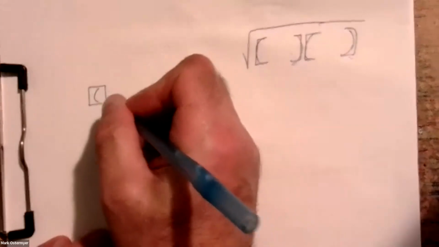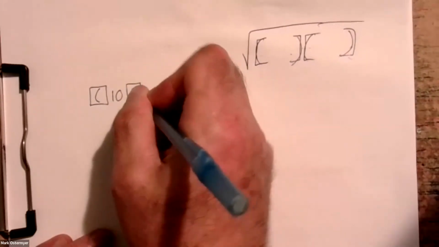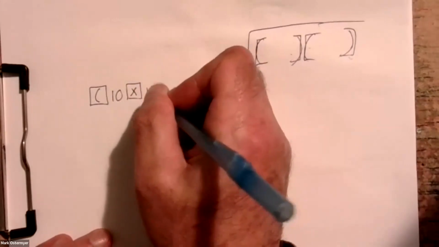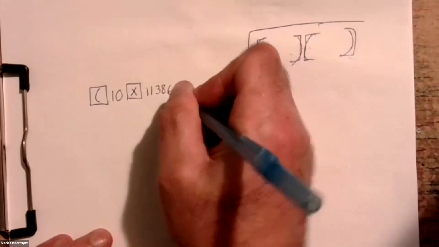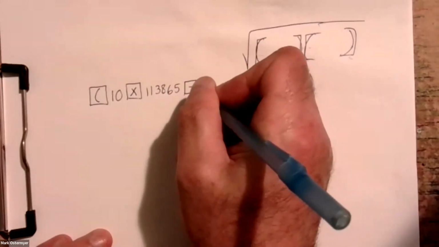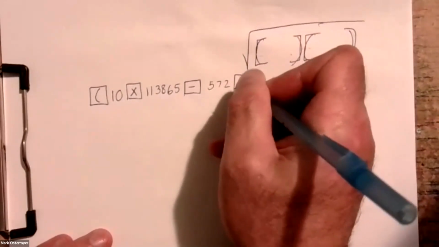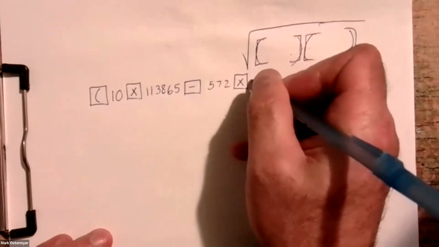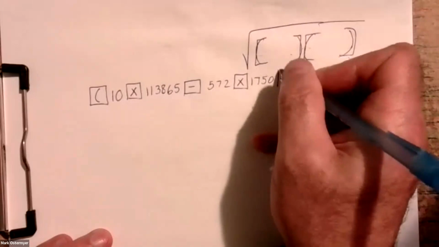Then you would type in 10 times 113,865. Subtract 572 times 1750. Closed parenthesis.